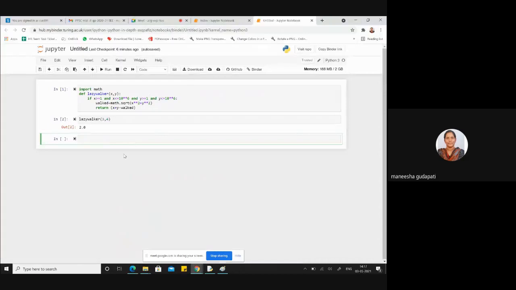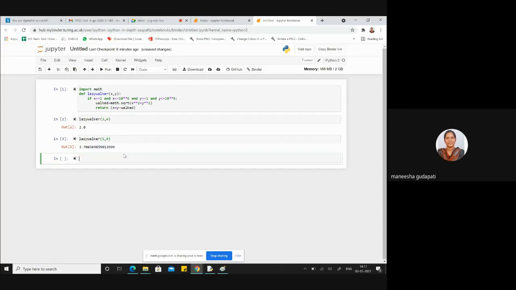Or suppose if I give some other values, we will get whatever distance we skipped. Let's consider 5, 9. 3.7 kilometers, he escaped. So you have to use some basic knowledge.